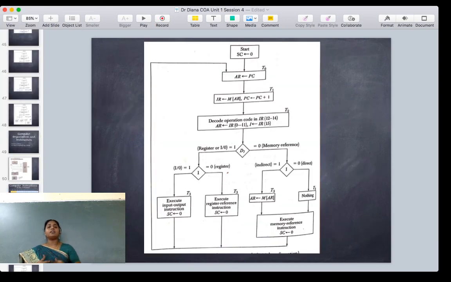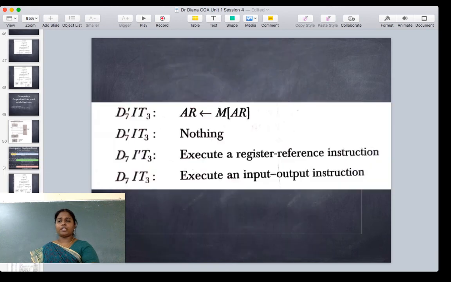Till time cycle T2, irrespective of the type of instruction, the instruction fetch and decode operations remain the same for memory reference, register reference or IO instructions. So T0, T1 and T2 are the same, followed by identification and then execution of the instruction.